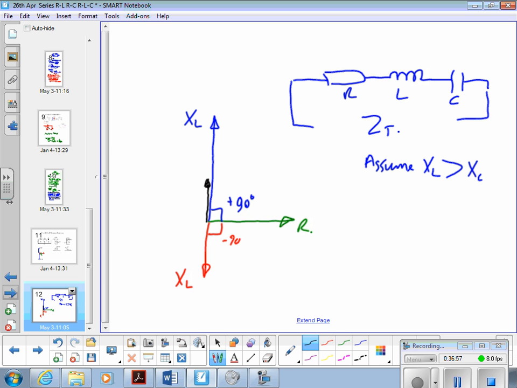So what we've got here is, and it's always XL minus XC. Obviously, if XL is bigger than XC, that's going to be a positive value and go upwards. If XC is bigger, it's going to be negative, and it's going to go downwards. All happy with that? Yeah.